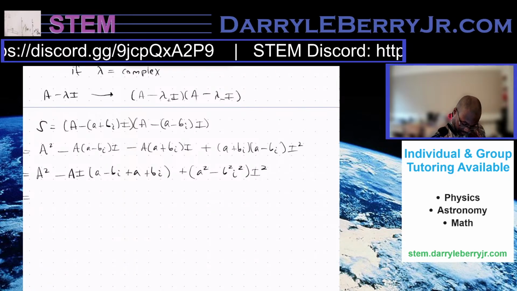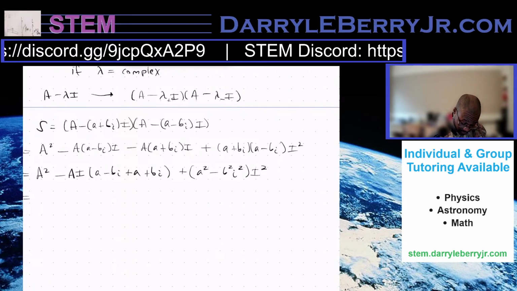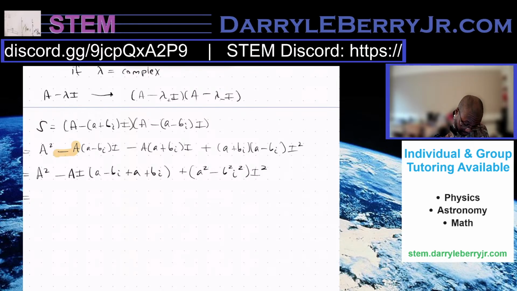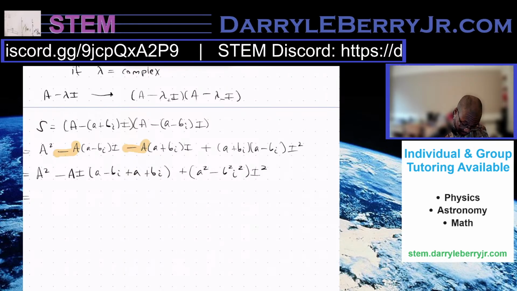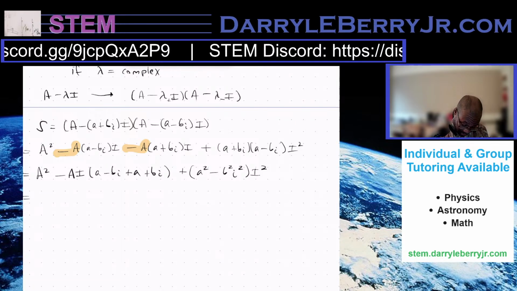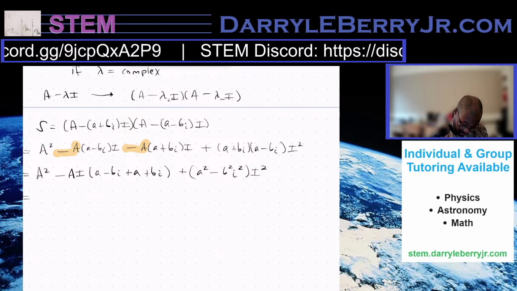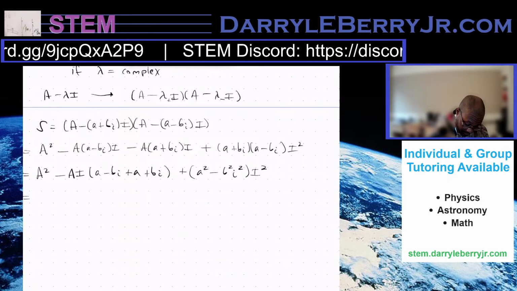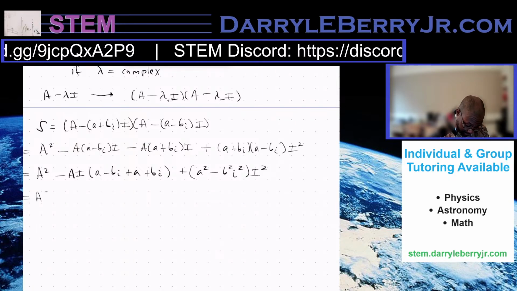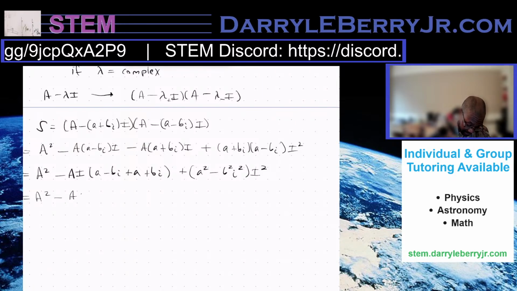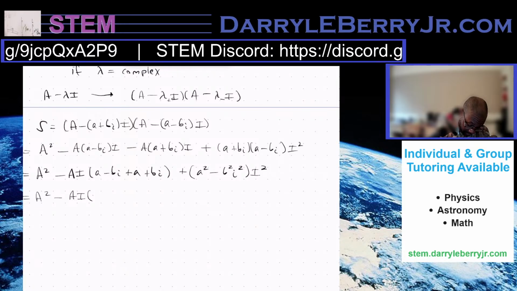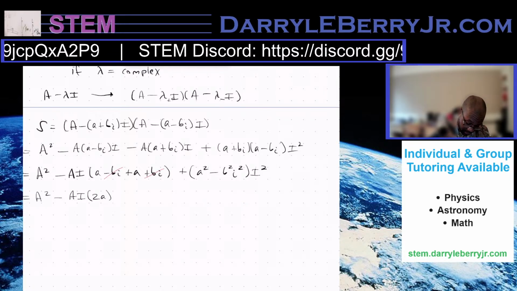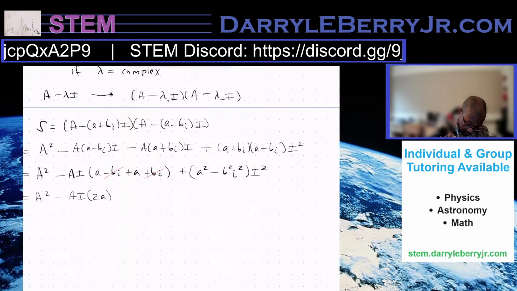I guess not more steps, but more accurate steps. Because when I factor out the negative a here, then this becomes a positive on that side. So then it becomes plus a plus bi, not minus. So that becomes a squared minus ai, 2a, because the bi's cancel out.